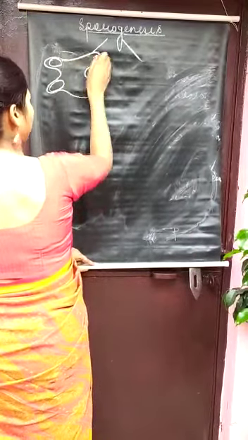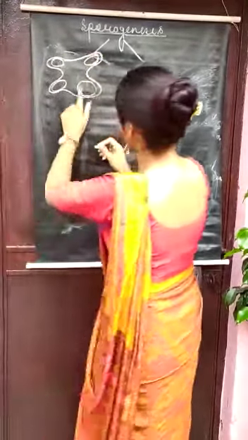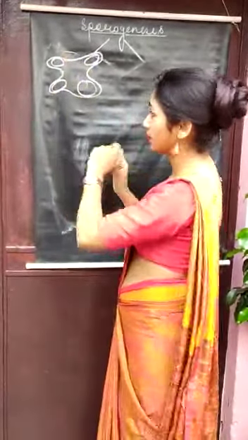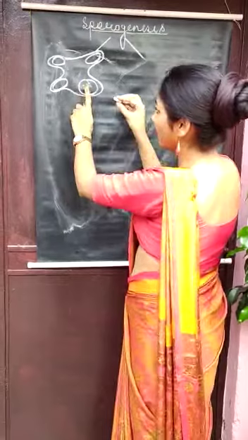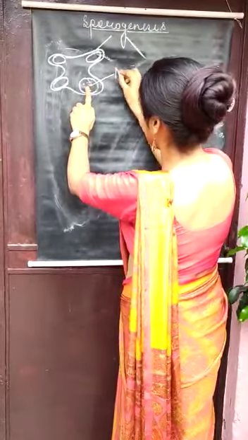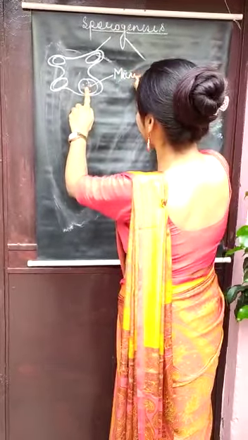You have seen these pictures in your books. These are the chambers of the anther, and in these chambers so many cells behave as microspore mother cells.